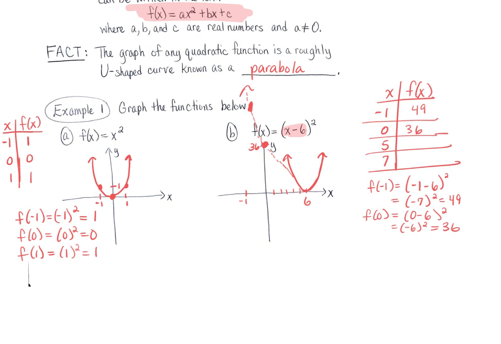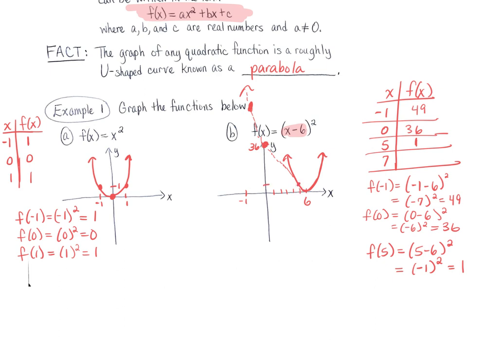Okay? So whenever we have x is 5, f of 5 is equal to the quantity 5 minus 6 squared. 5 minus 6 is? Good. So that's the quantity -1 squared, which is what? 1. Good. So that tells us that 5, 1 is a point on the graph.